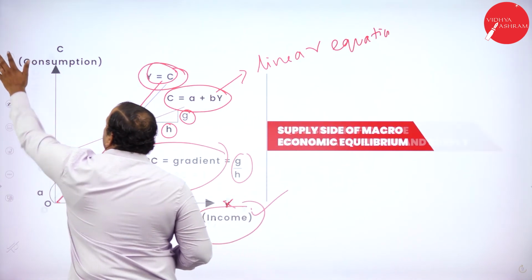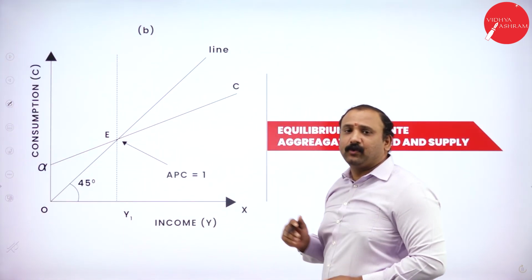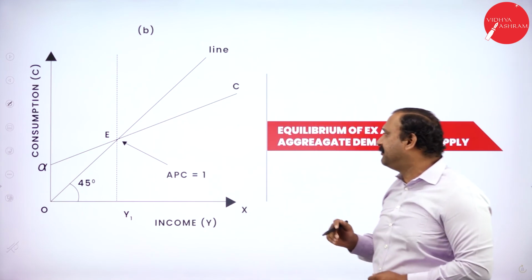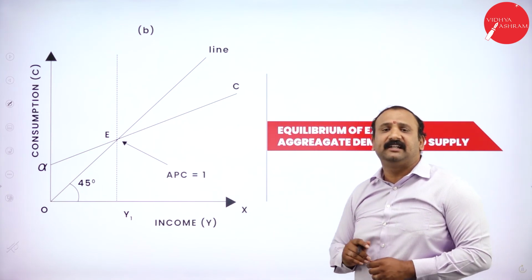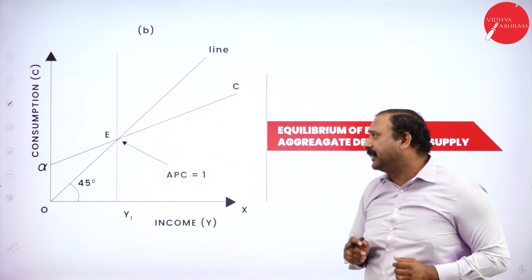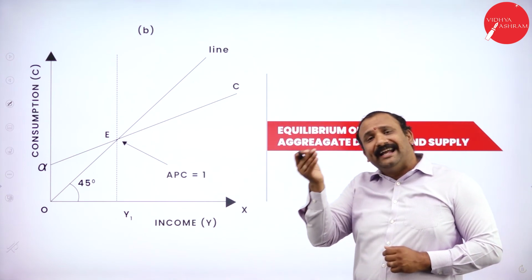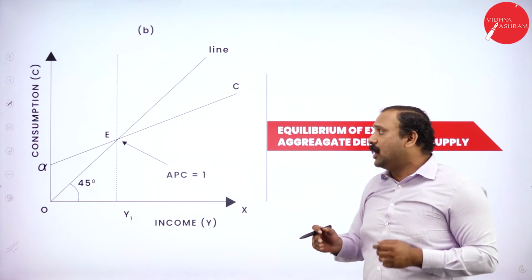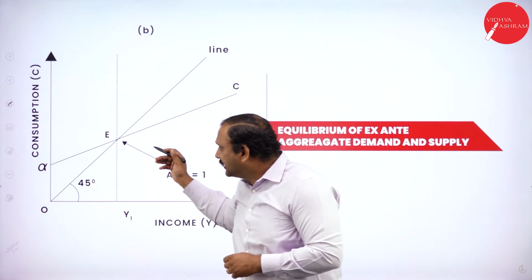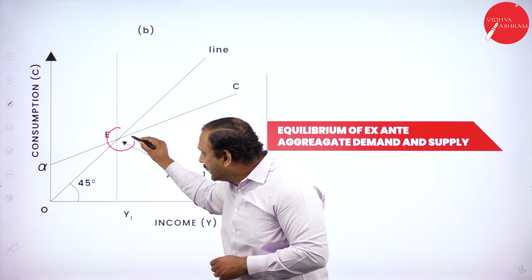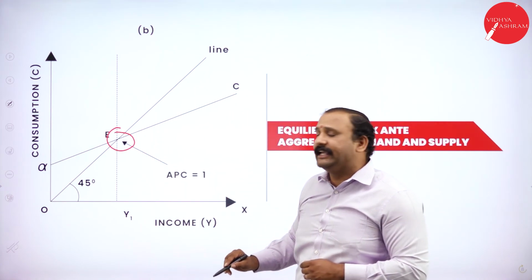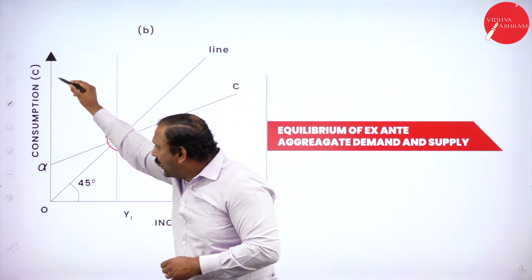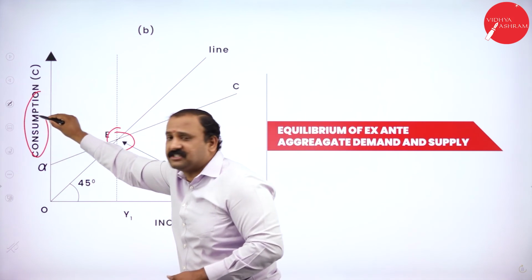Moving forward, we will also try to understand the ex ante factor, equilibrium of ex ante aggregate demand and supply. Now, we all know that ex ante means something that is planned. So what is going to happen here is that you see an equilibrium point here called E. And on the y-axis, you have the consumption.